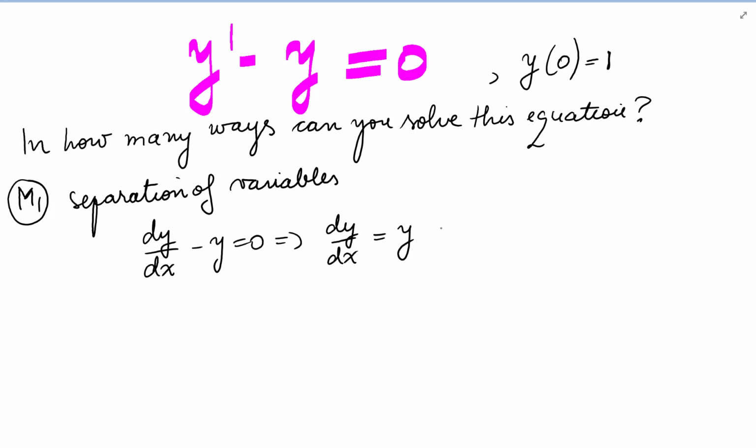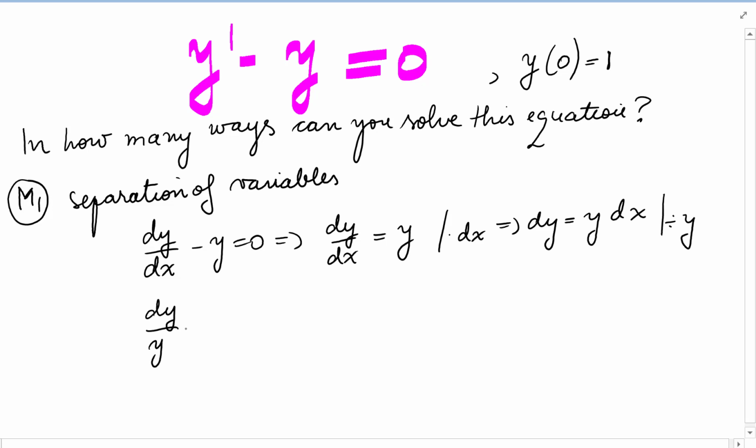So what I'm going to do is multiply by dx both sides, so we get dy equals y dx. And then I'm going to divide by y both sides and get dy over y equals dx. We separated the variables, we integrate both sides, and we get ln of absolute value of y equals x plus c.